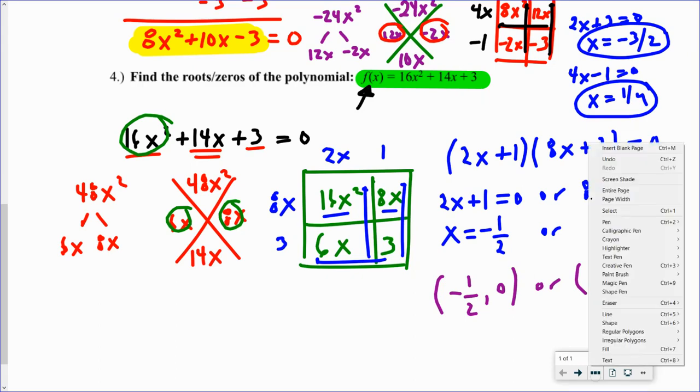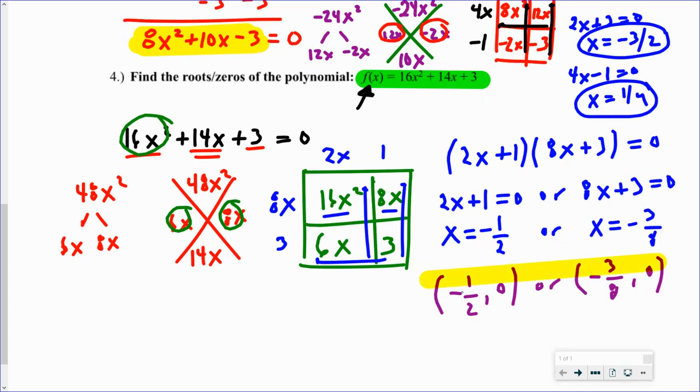Now what I'm going to do is quickly take you over to Desmos after I highlight these solutions. We're going to see if the graph actually crosses the x-axis at negative 1/2, 0, and also negative 3/8, 0. So let's take a look.